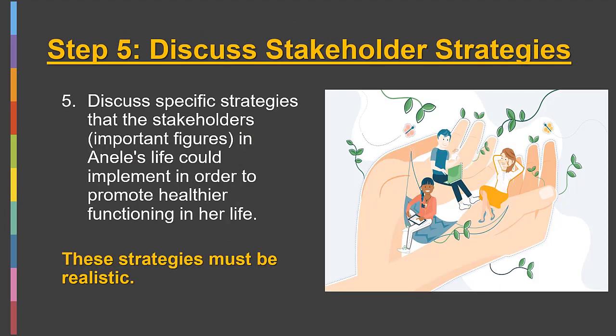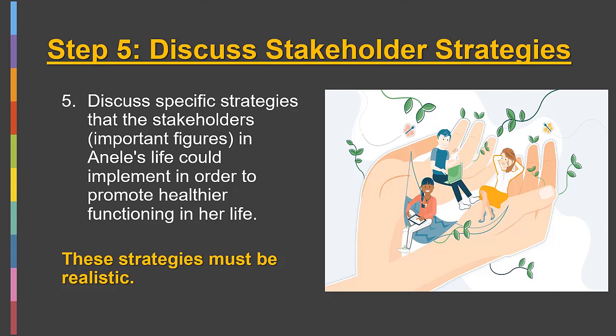So step 5 is to discuss stakeholder strategies. This is quite open. Really what I want you to do here is to discuss specific strategies that the important figures in Anele's life could implement in order to promote healthier functioning in her life. I want you to think of these strategies alongside Maslow's hierarchy of needs.